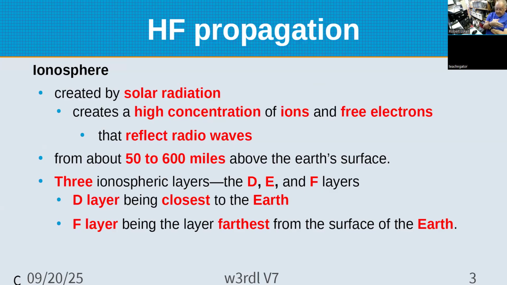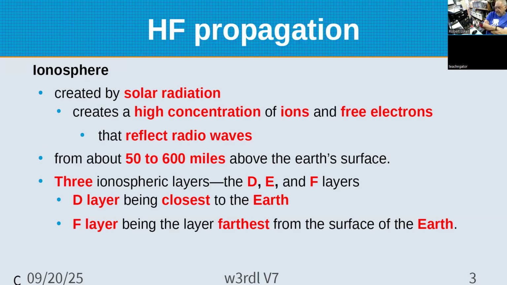And that ionization, like we talked about last week or the week before when we talked about free electrons, causes those electrons in the oxygen and nitrogen and other gases that are out there to get enough energy that they actually escape the atom and become free electrons. So you have a charged field up there, and that's what's reflecting the radio waves.